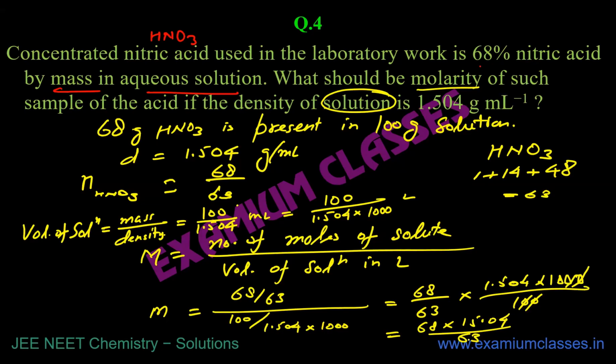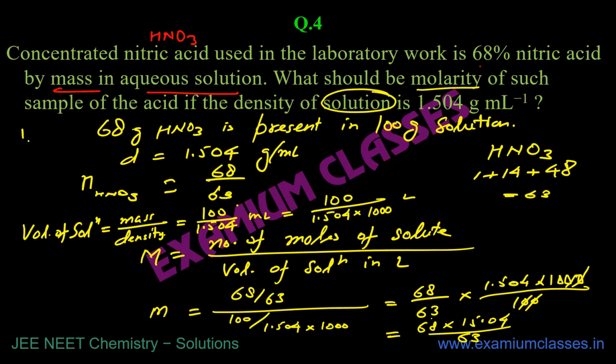If it is an MCQ type question, you will not solve beyond it. Why will you not solve beyond it? Because 68 divided by 63 will be approximately 1.1 or 1.2, right? And if you see this one, this is 1.5 times. Okay, 15 means 15 times, or if you consider 1.5, it will be 1.5 times.